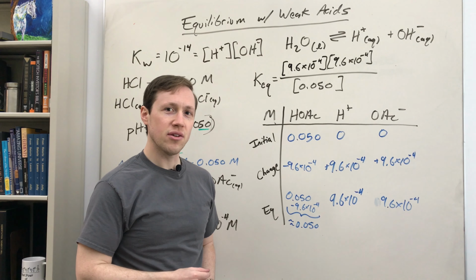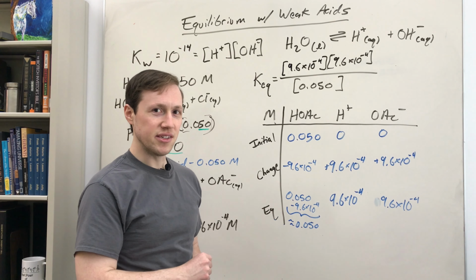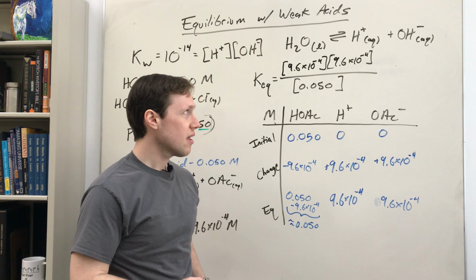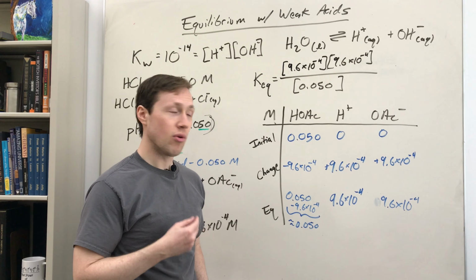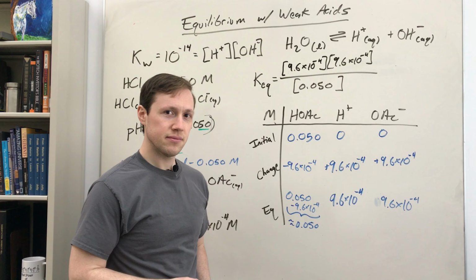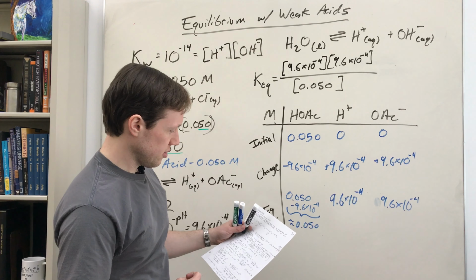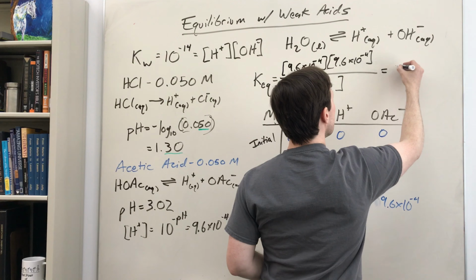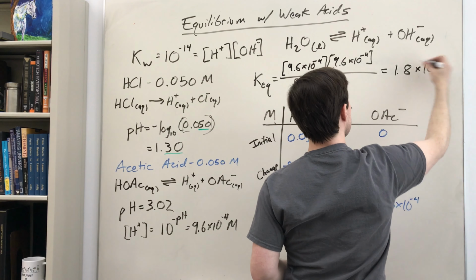Make sure that you can plug those into your calculator. Scientific notation sometimes requires a little bit of a refresher. And once you've done that, calculate the KEQ value for acetic acid. Now, checking my notes, I find that is 1.8 times 10 to the negative 5.